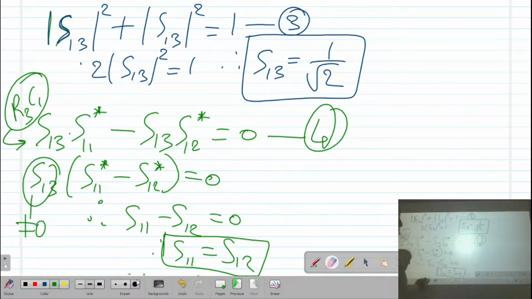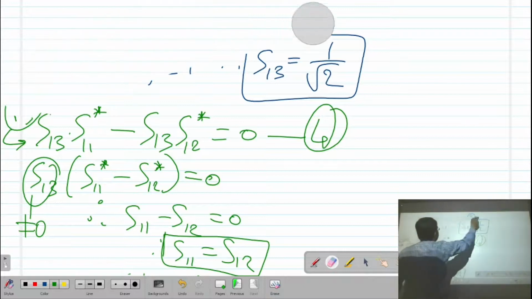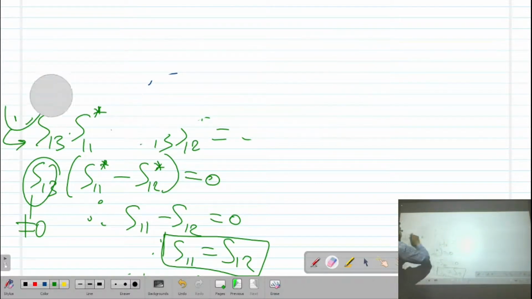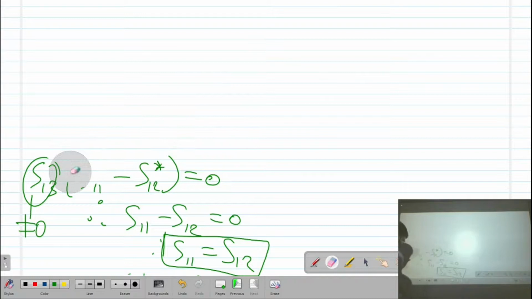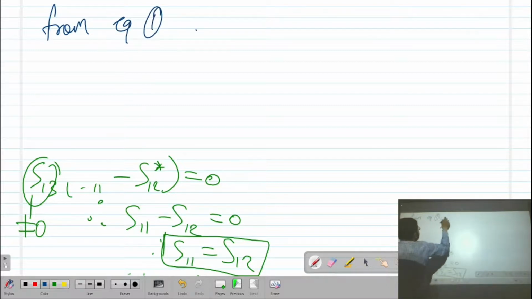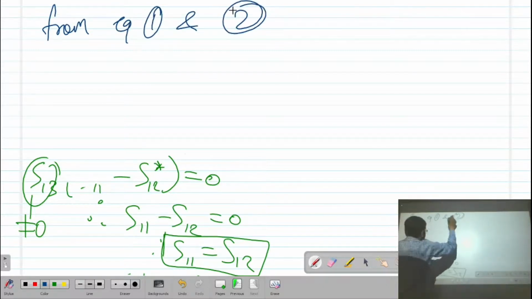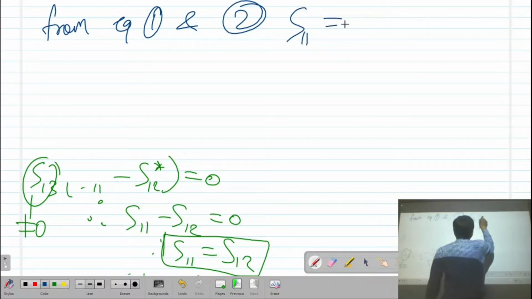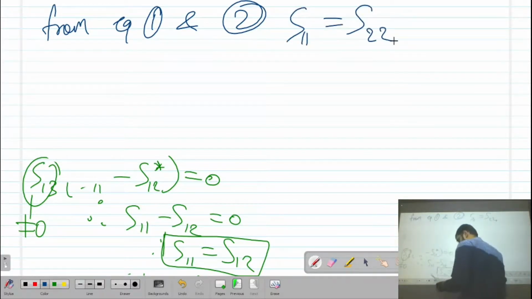Again from equation number 1 and 2, we can write that S11 is equal to S22.